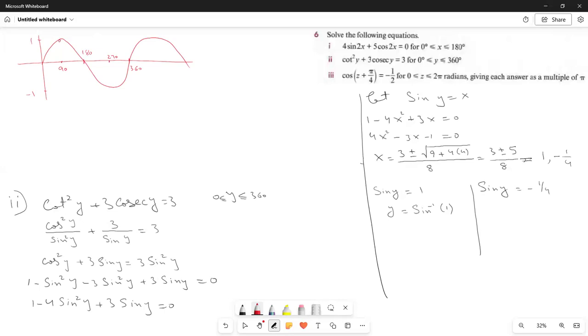You can see here it is 1, and here it is 1, and so on. I have to give the answer in terms of degrees, so it is 90 degrees. And then how much is this? This is 450. So basically 90 plus 360n. Make sense?